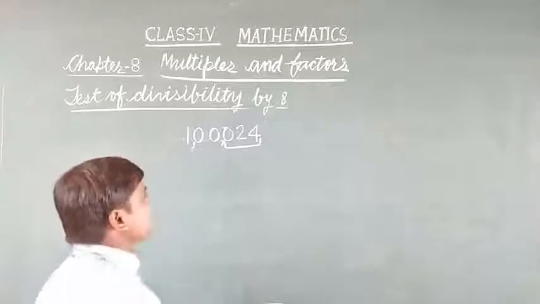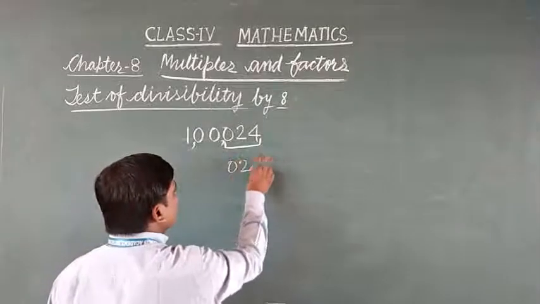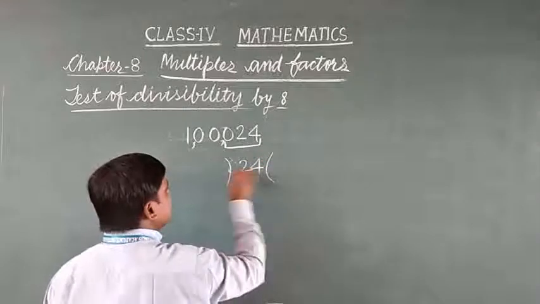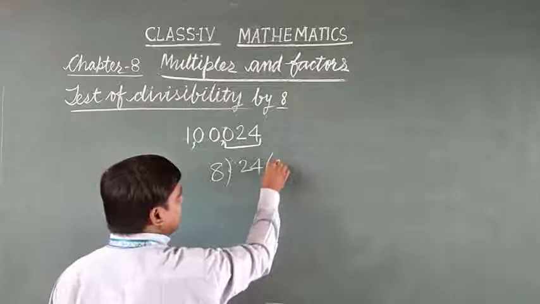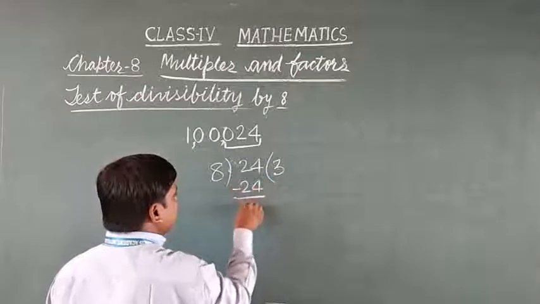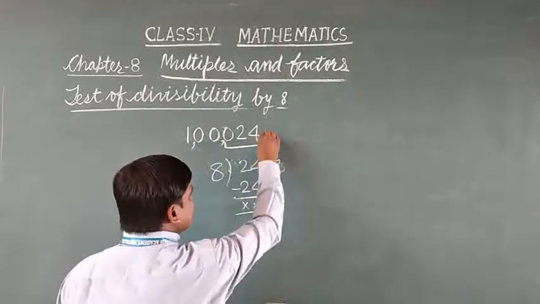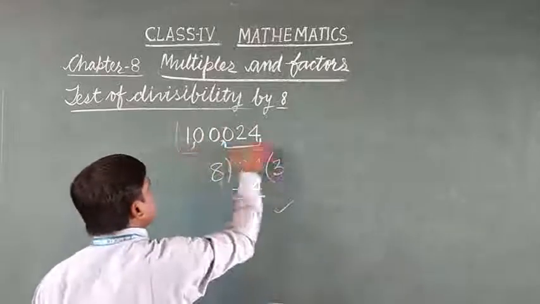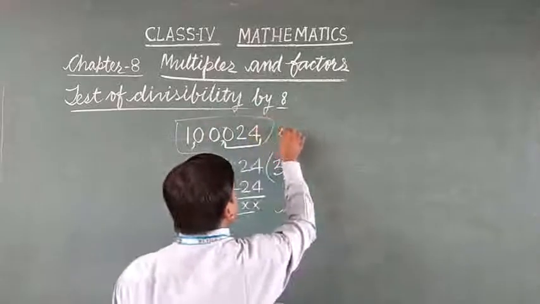So we have last digits 0, 2, 4. So number forms showing 24 and we will divide 24 by 8. 8 3s are 24, means this last digit number is divisible by 8.